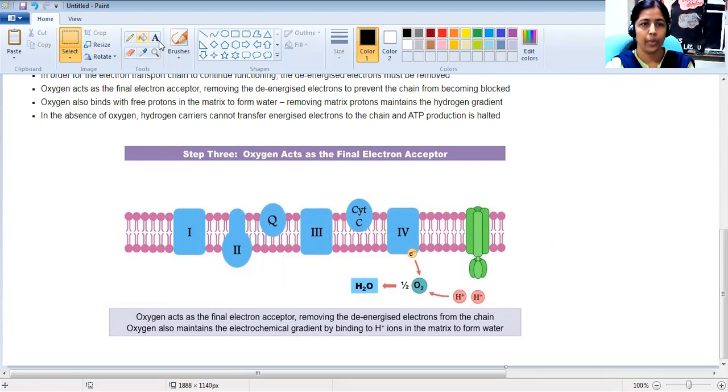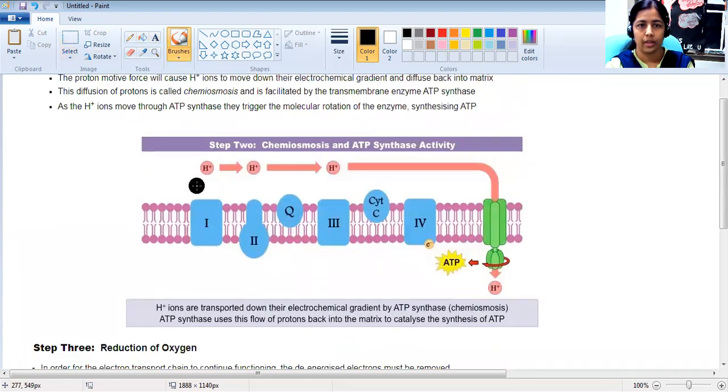So here you can see the movement. The hydrogen ions are flowing in this particular direction.